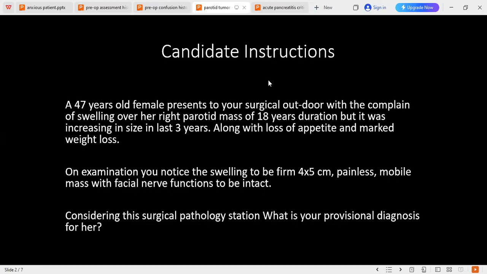Why? Because there is a risk of fistula formation, like salivary gland fistula, so we avoid true cut biopsy in case of parotid tumors. Very good. And this helps in differentiation between malignant and benign cells as well.